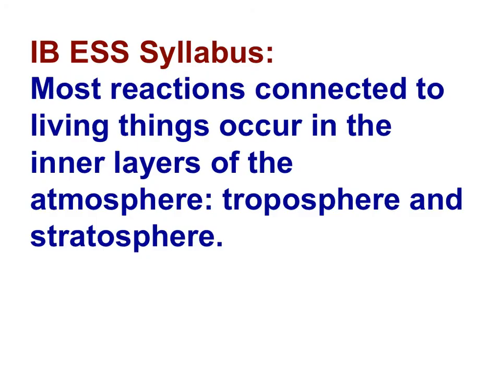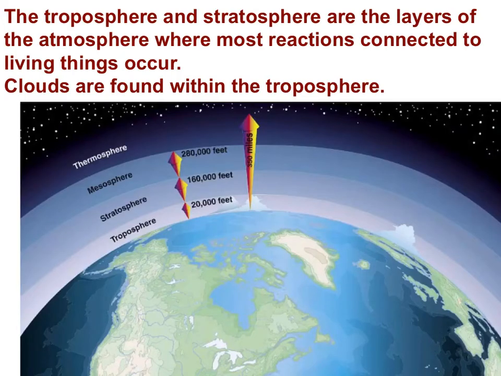The last IB syllabus statement of the movie is, most reactions connected to living things occur in the inner layers of the atmosphere, the troposphere and the stratosphere. The atmosphere is essential to life on Earth. Living things require carbon dioxide for photosynthesis. Living things require water from the hydrologic cycle.